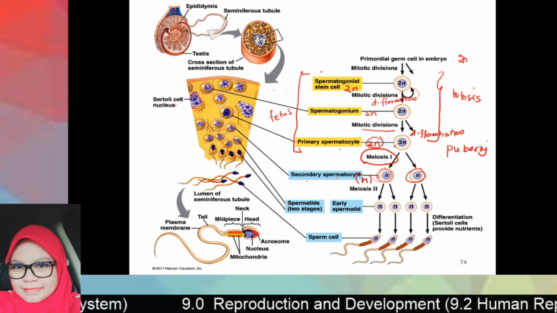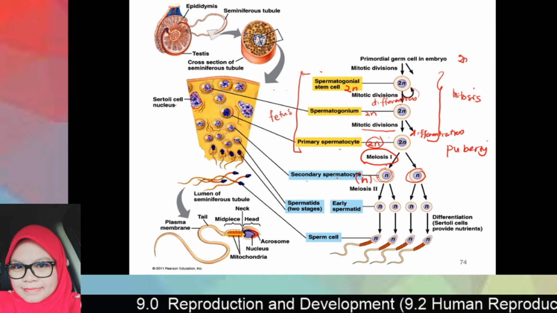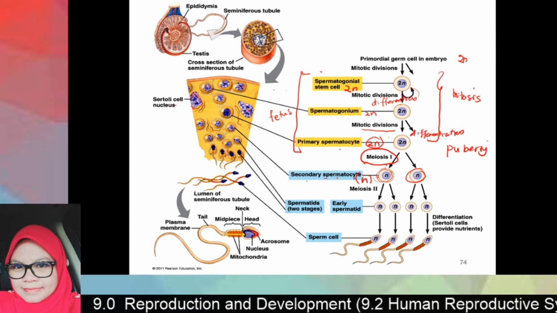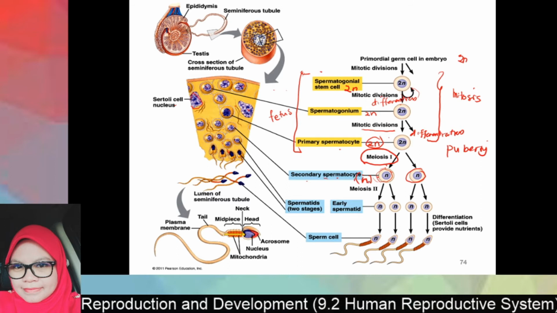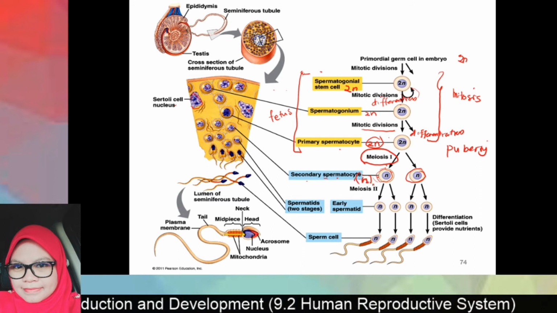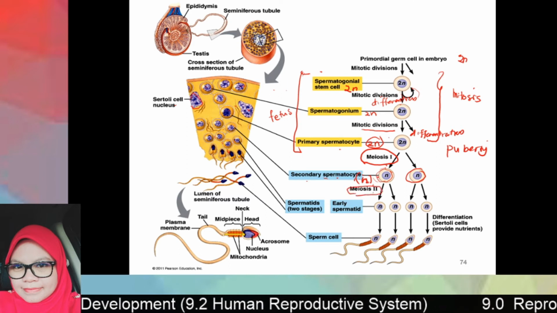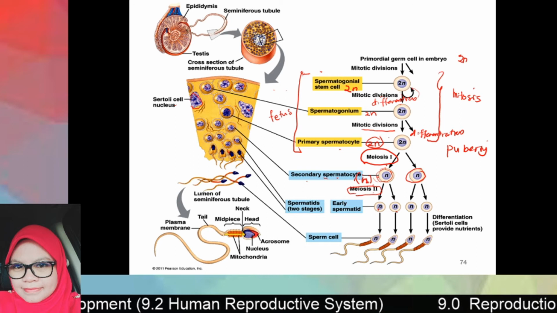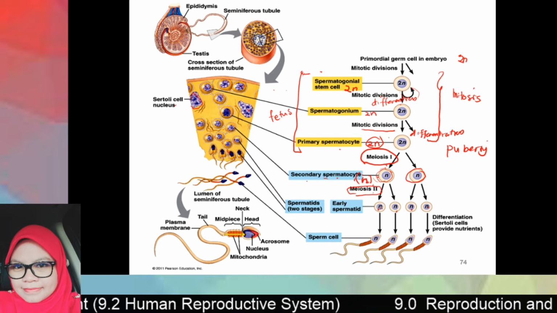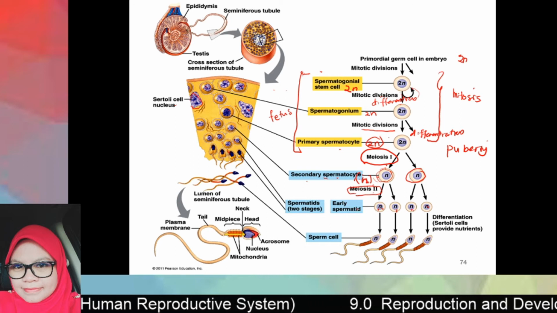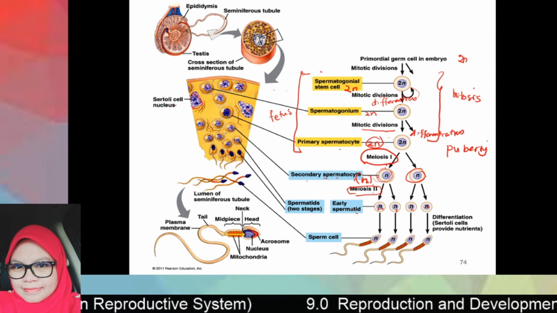Primary spermatocyte undergoes meiosis 1 and produces secondary spermatocyte, which is haploid. And then the secondary spermatocyte will complete meiosis 2 and form 4 daughter cells, which are known as spermatid.